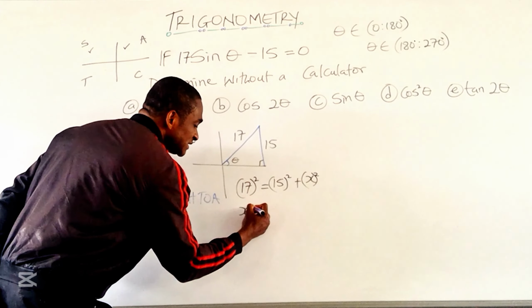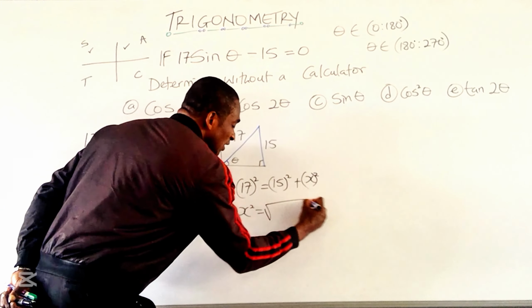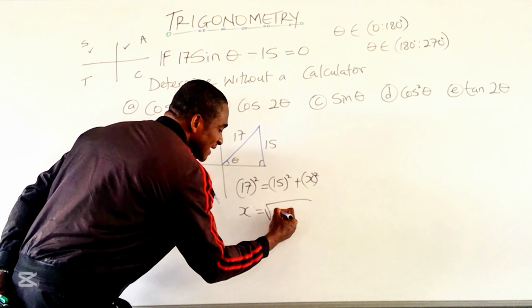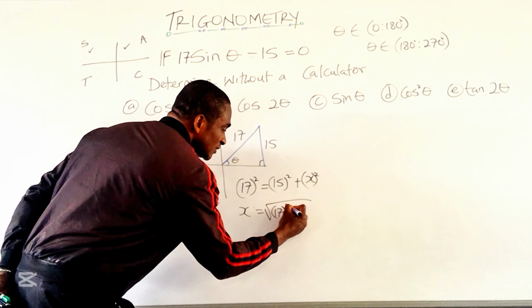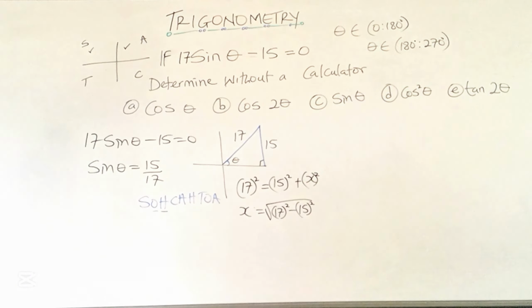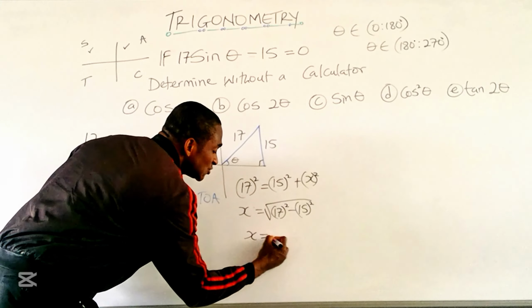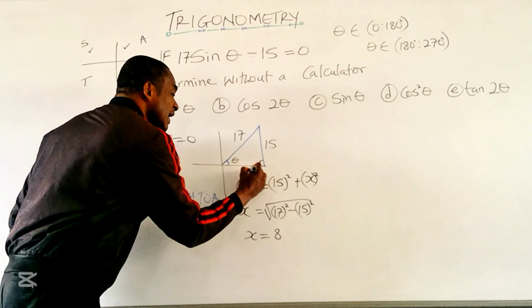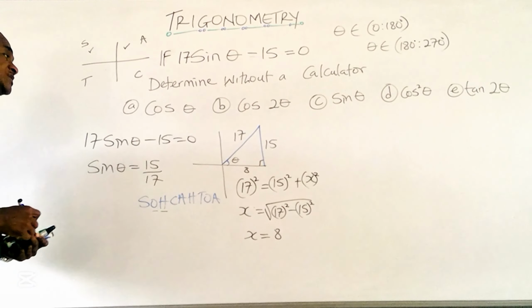So our adjacent in this case will be the root of 17 all squared minus 15 all squared, which simplifies to the root of 64, which is 8. So our adjacent in this case is 8.